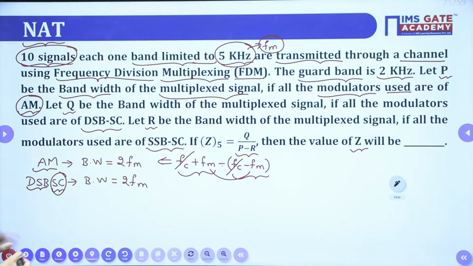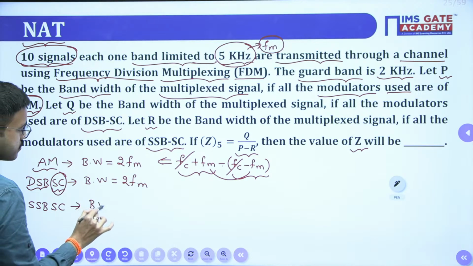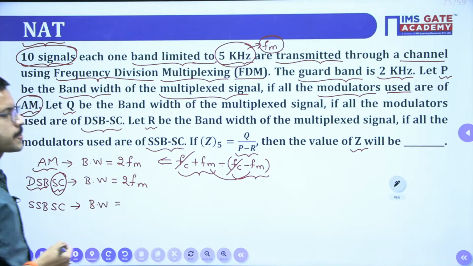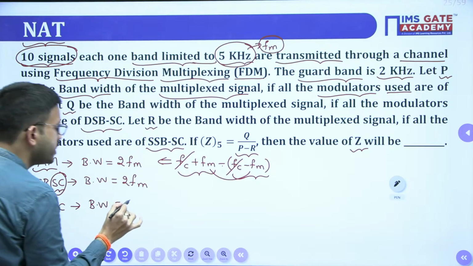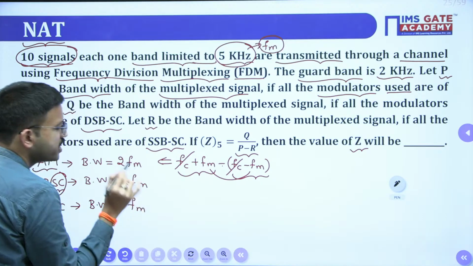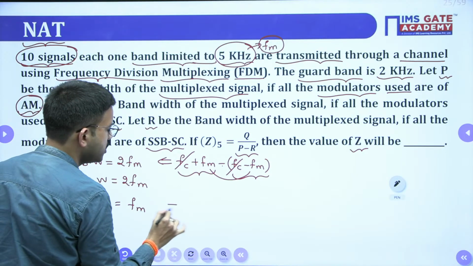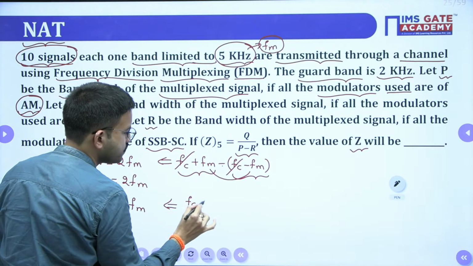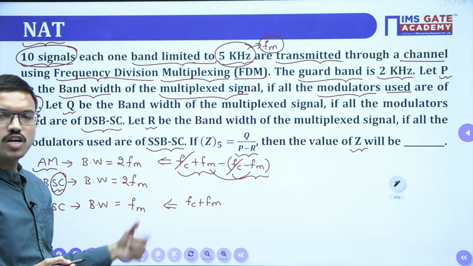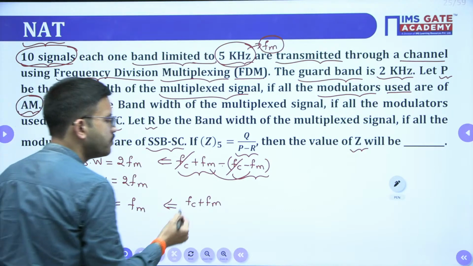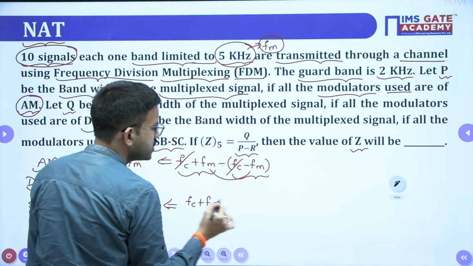Next, for an SSBSC signal, what bandwidth do you get? You get FM only. Say you consider the upper sideband as FC plus FM. A single band could be either the lower or the higher frequency component.